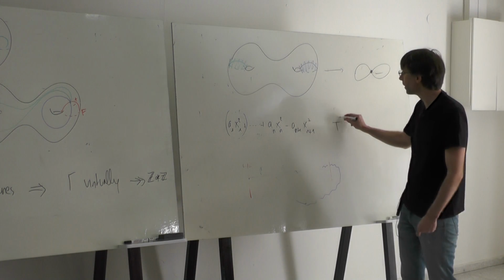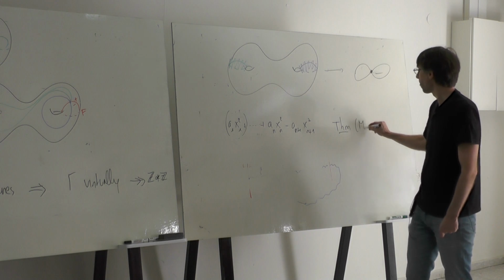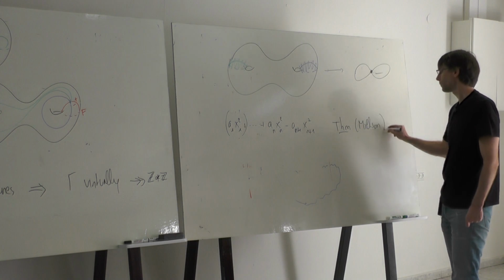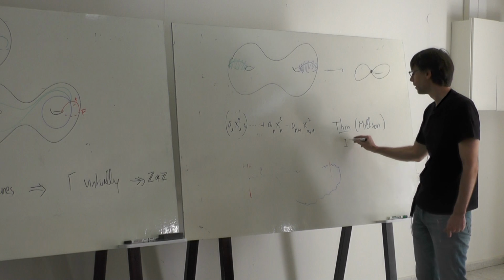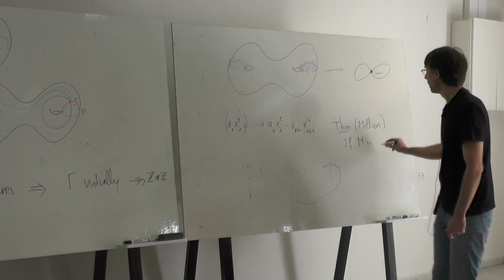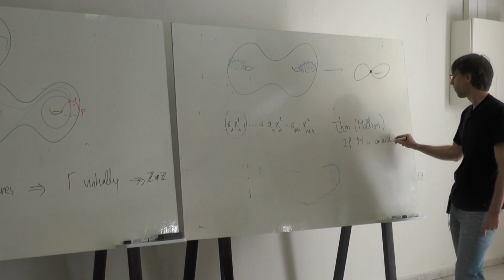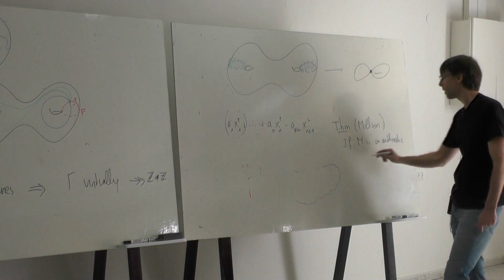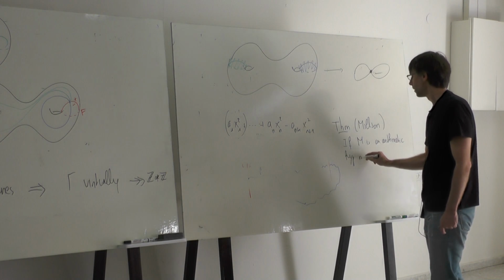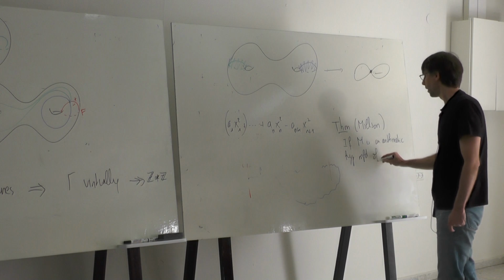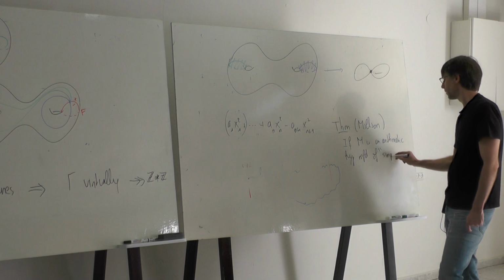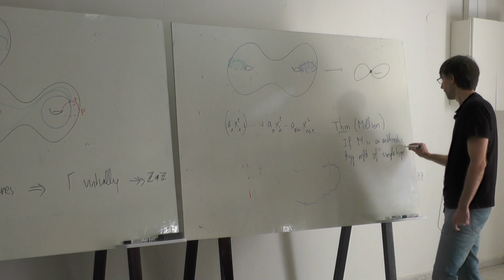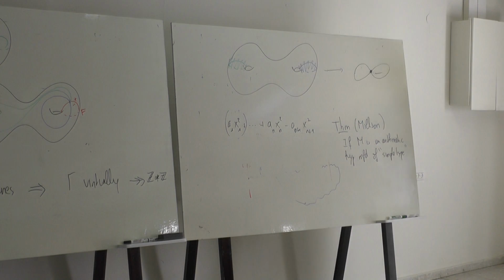and so you obtain the following theorem of Nielsen: if M is an arithmetic hyperbolic manifold of simple type, because I should say that there are other arithmetic manifolds that I haven't described.